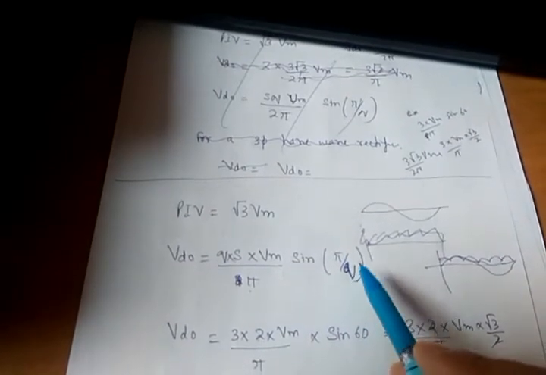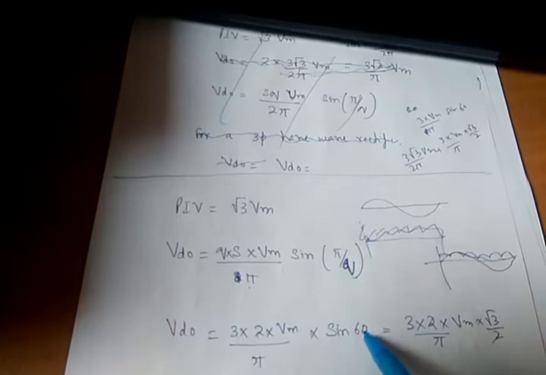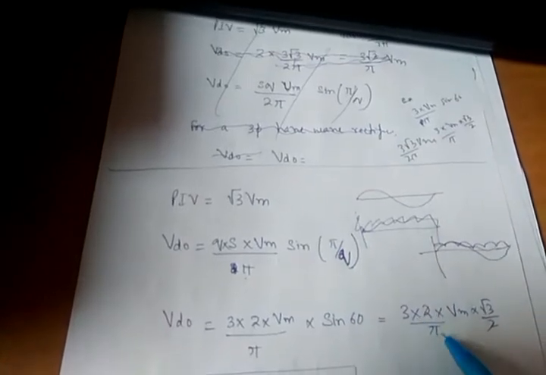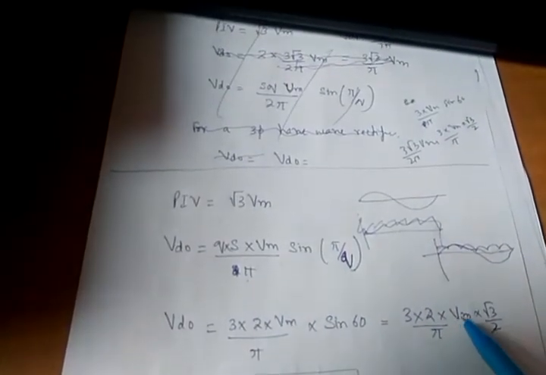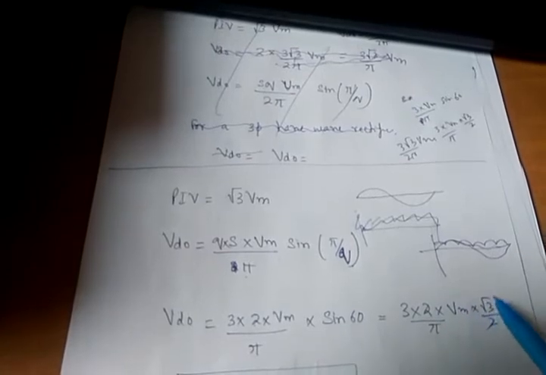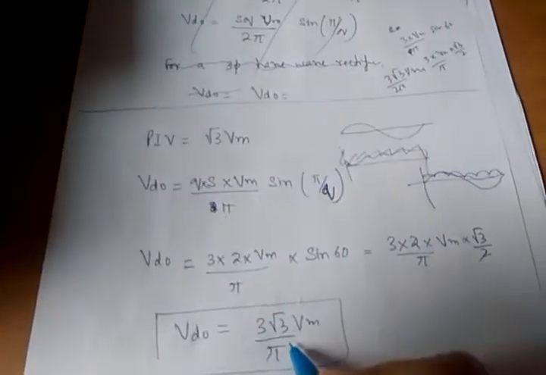Q is 3, 180 by 3, 60, sine 60. It will be 3, 2 multiplied by pi divided by pi Vm sine 60 root 3 by 2. 2 will cancel. So I will get Vd naught is equal to 3 root 3 Vm upon pi.